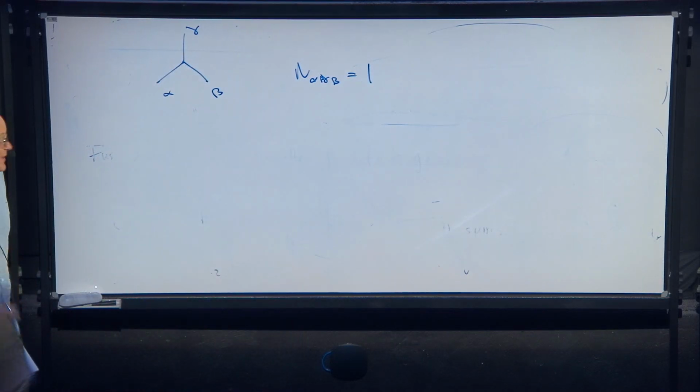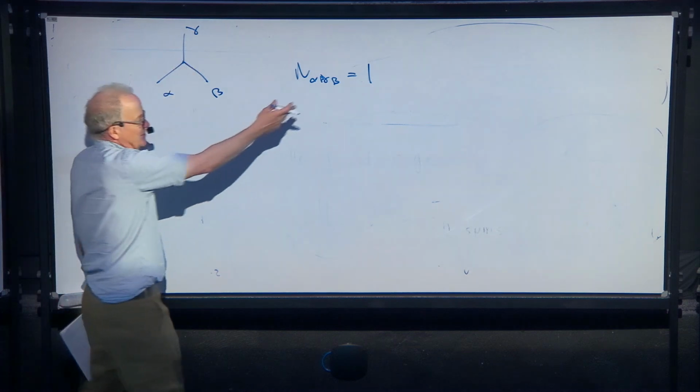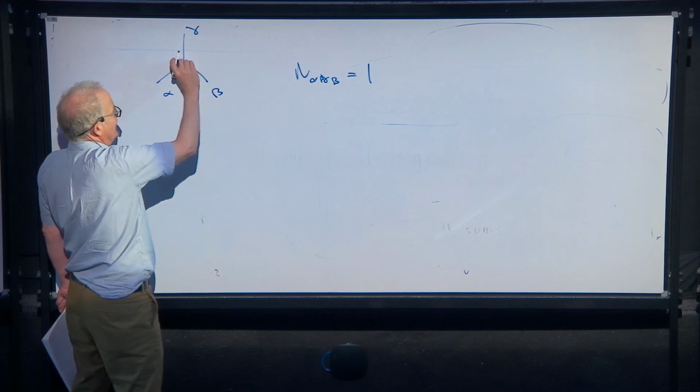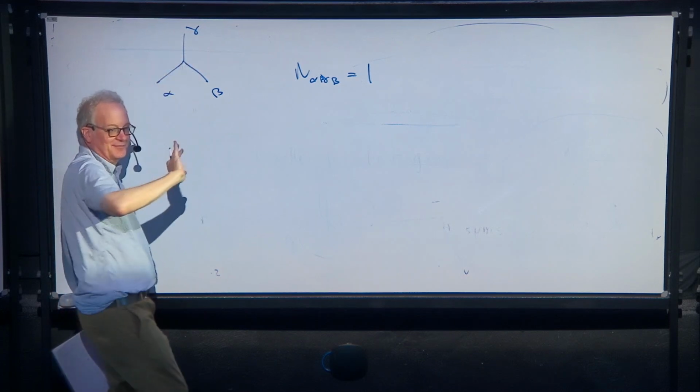If I wish this to be 2, which happens, for example, for quantum SL3, then I have to put an additional degree of freedom there. Not going to do that.